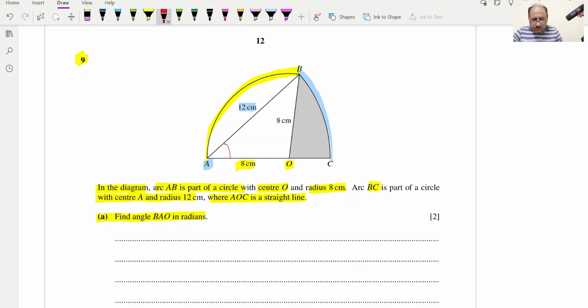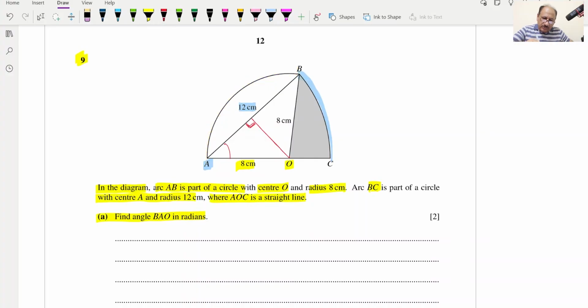I will draw a line like this. This is a perpendicular line from O to AB. So this is a 90-degree angle.